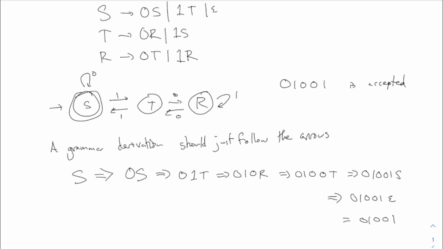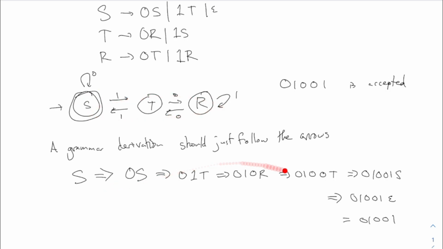All right. You can see the way that you think of these two things, the NFA versus the grammar, are kind of backwards or kind of inverses, because at least when I think of the NFA, I think we start with the whole string and then we read the letters one by one, and the NFA sort of eats the letters one at a time until you get to the end.